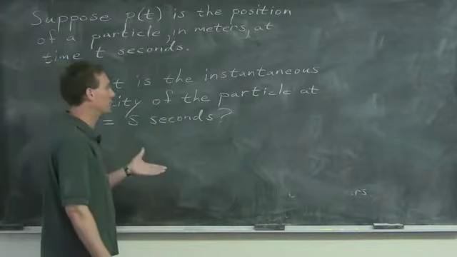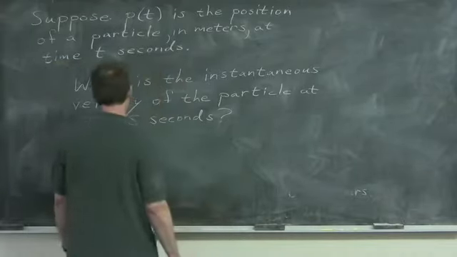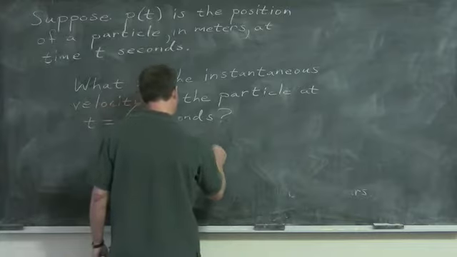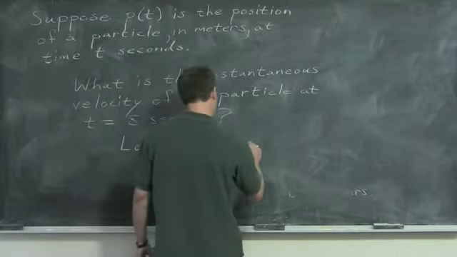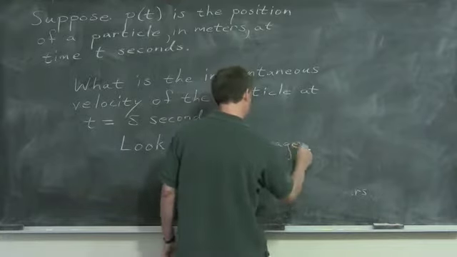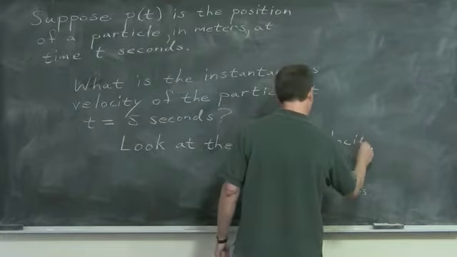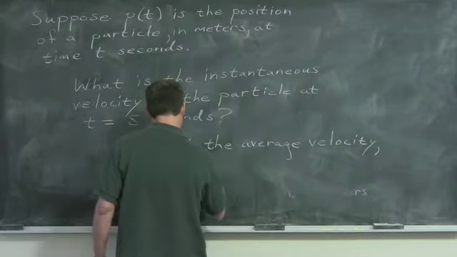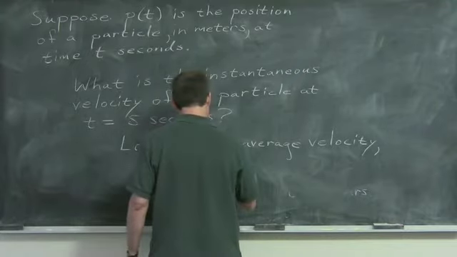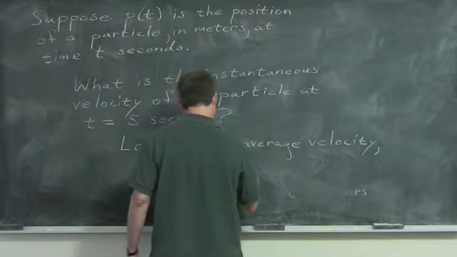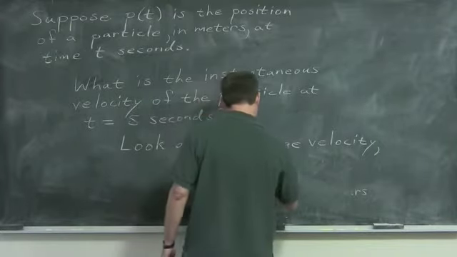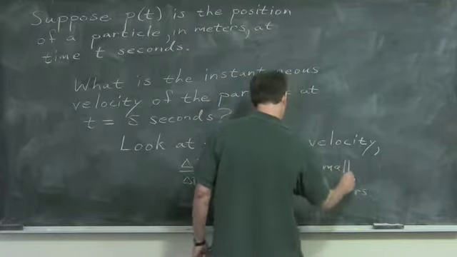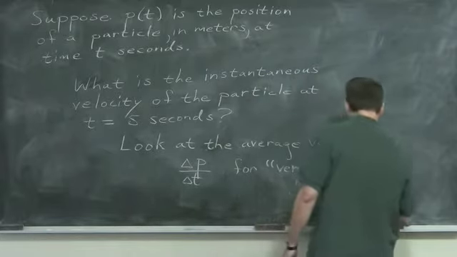And what our discussion over there should tell you is we want to look at the average velocity, delta p over delta t, for very small changes in t.